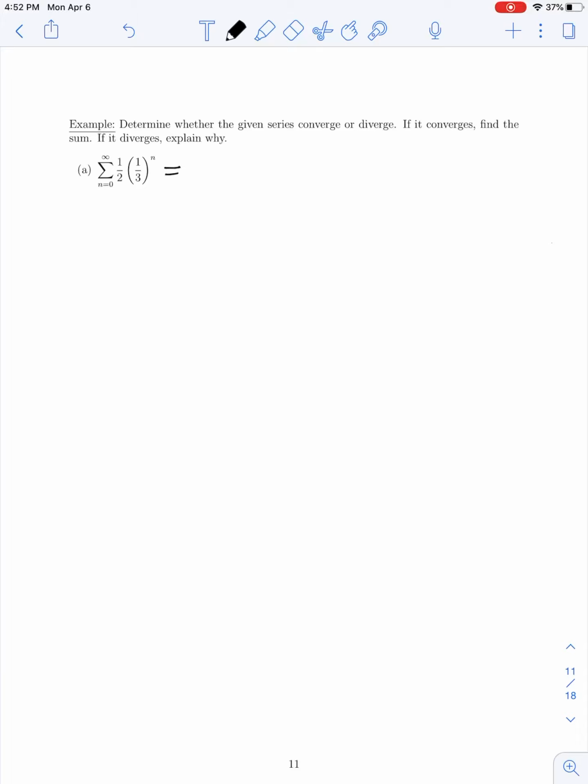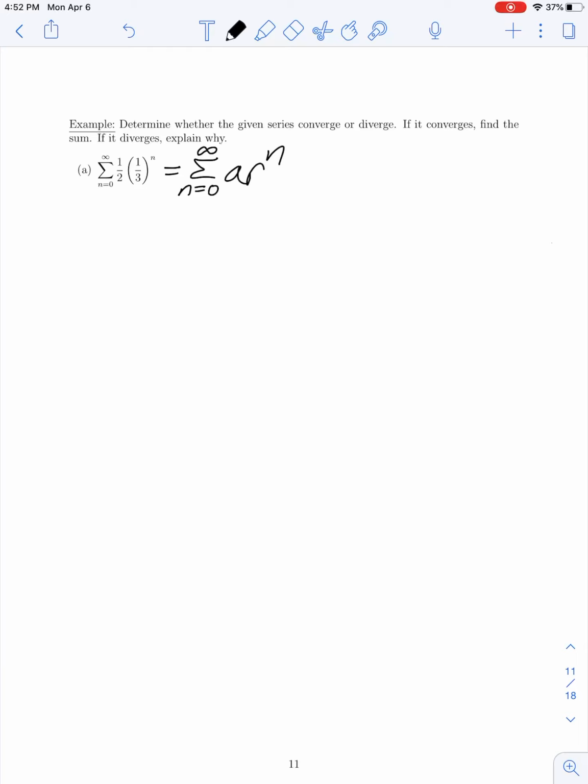So this is exactly the form of a geometric series. We have the sum from 0 to infinity of some constant a times a ratio r, in this case r is 1/3, to the nth power.